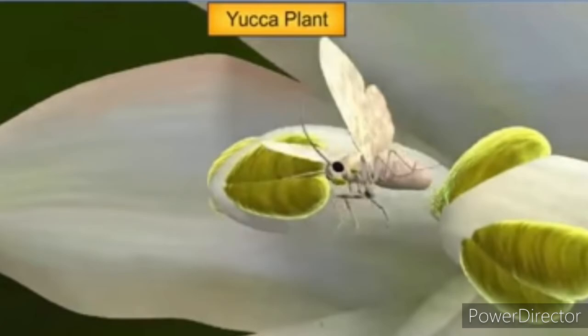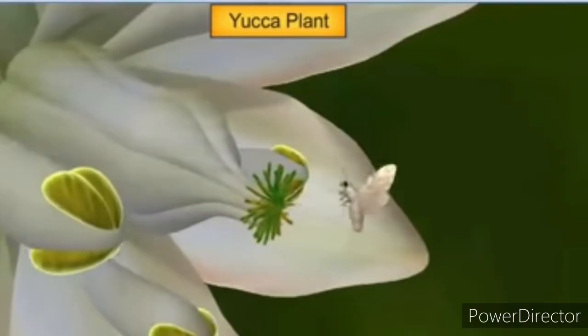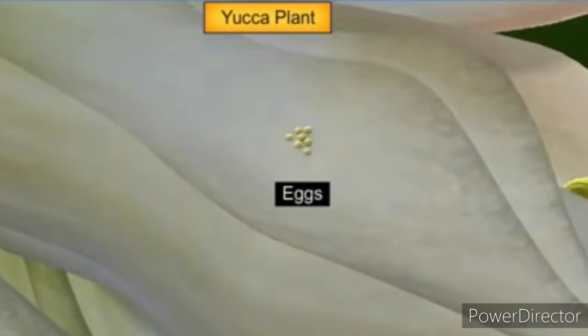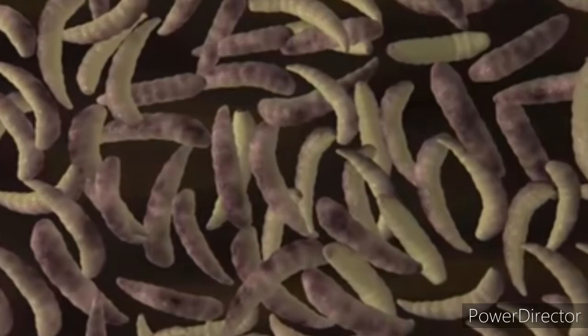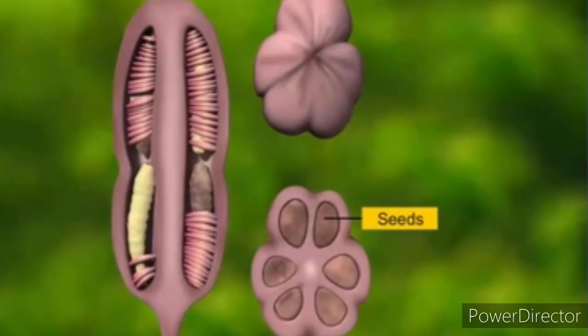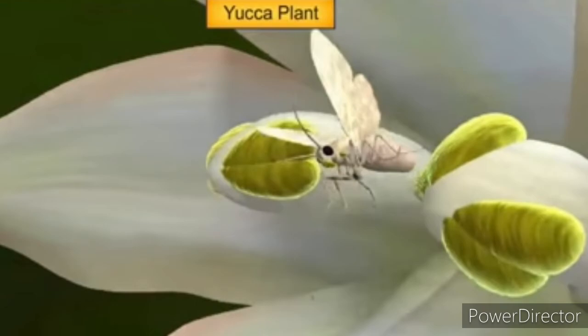See that one, the yucca plant, and one type of moth lays its eggs inside the structure of the flower of the yucca plant, and the larvae will grow, taking the developing seeds from this plant. They are not completely consuming them. Some they are leaving for the next generation, and afterwards, once the moth larvae grow mature, they come out with the pollen grains of this plant.